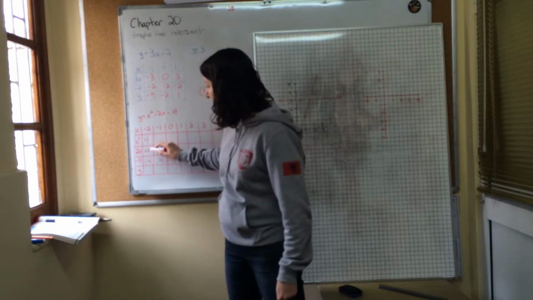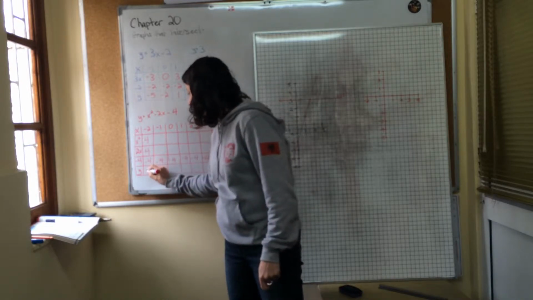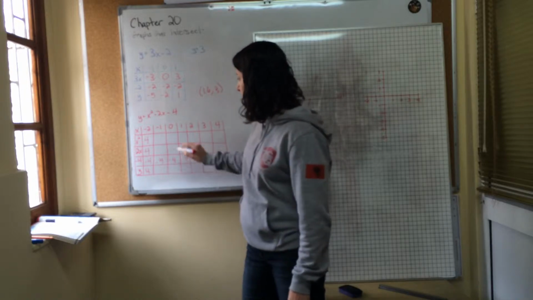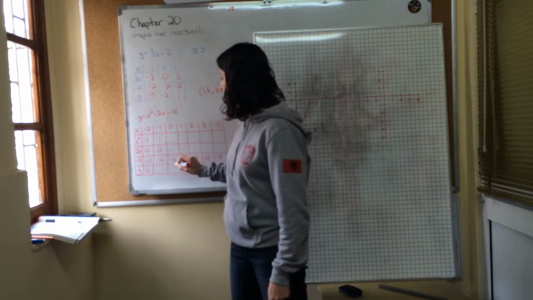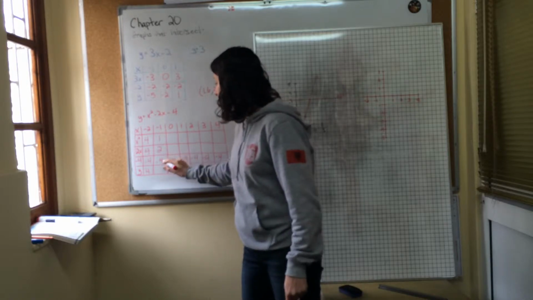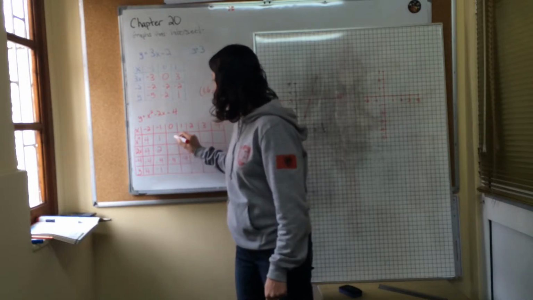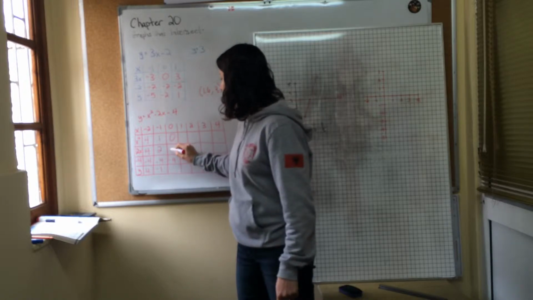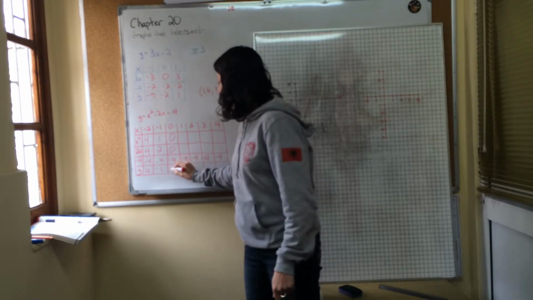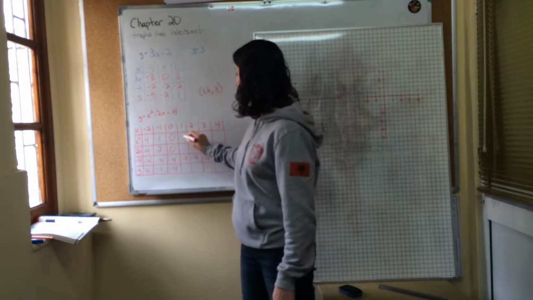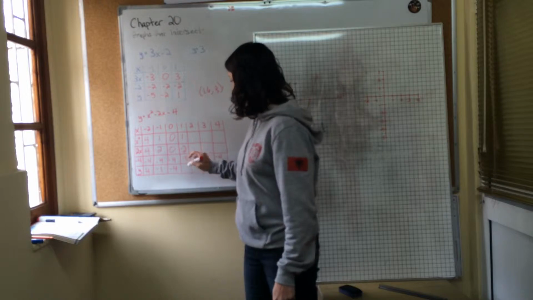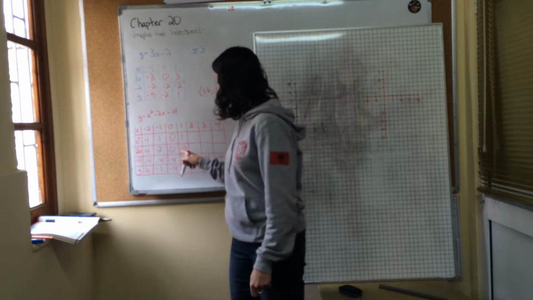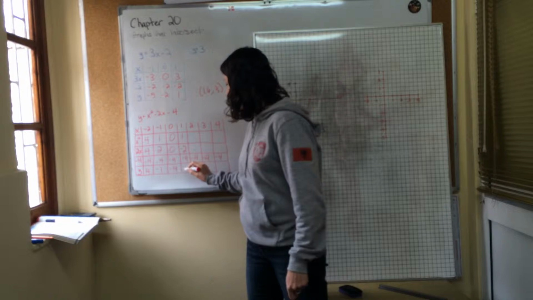Okay, so we have 4 plus 4 is 8, minus 4 is +4. -1 squared is 1. -2 times -1 is a +2. 2 and 1 give me 3, minus 4 is negative 1. 0 squared is 0, negative 2 times 0 is 0, minus 4 is negative 4. 1 squared is 1, negative 2 times 1 is negative 2. 1 minus 2 is negative 1. Negative 1 minus 4 is negative 5.